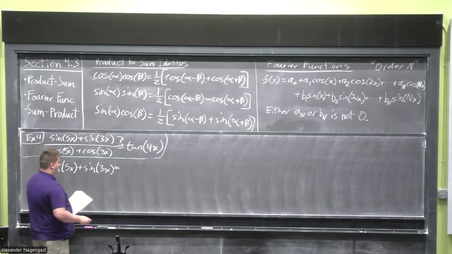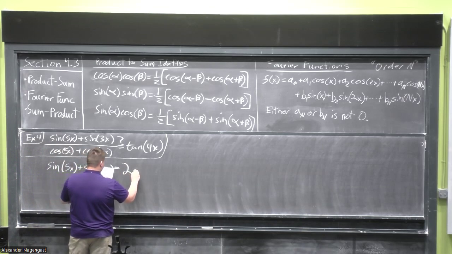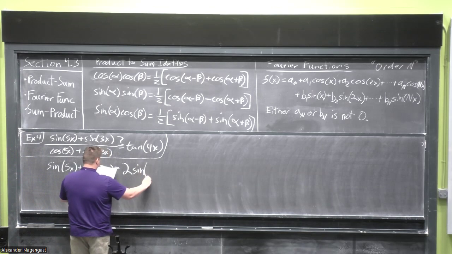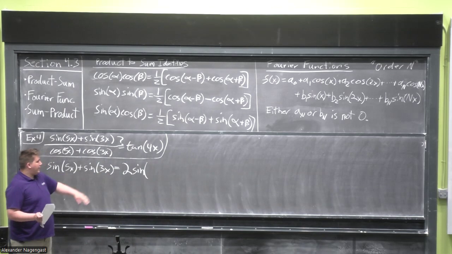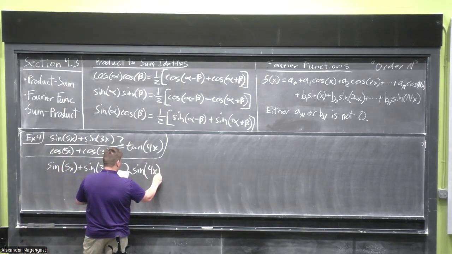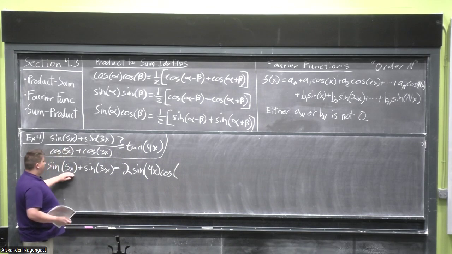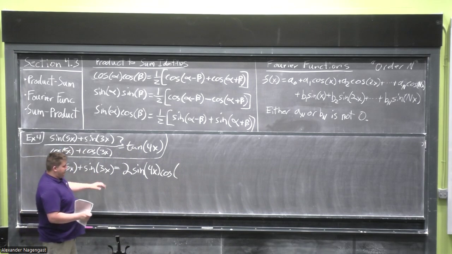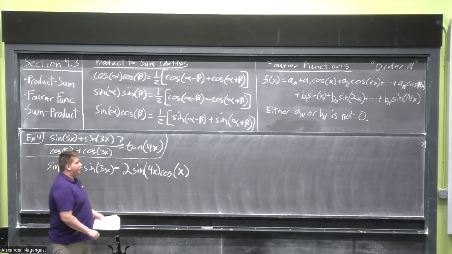And we'll have this be equal to 2 times sine of 5x plus 3x, which is 8x divided by 2, and we get 4x, times cosine of 5x minus 3x divided by 2. So that is 2x divided by 2. So we just get cosine of x.